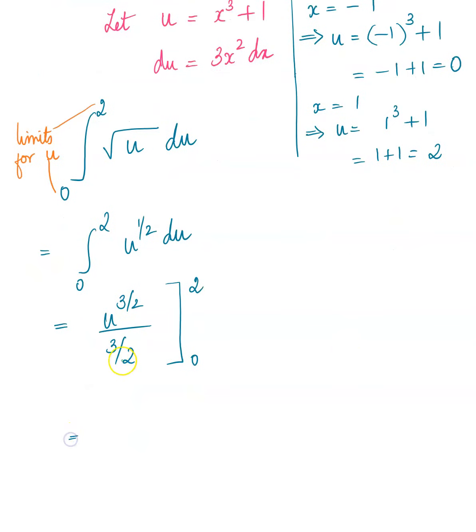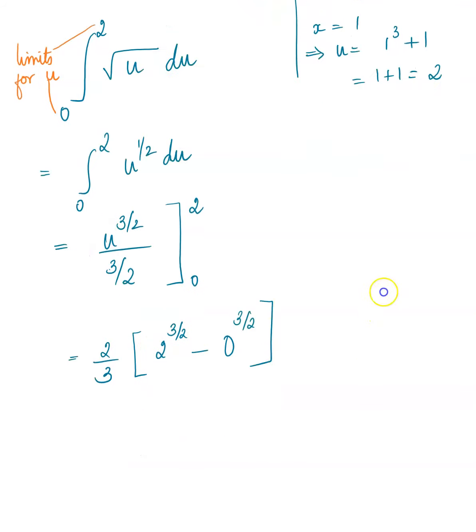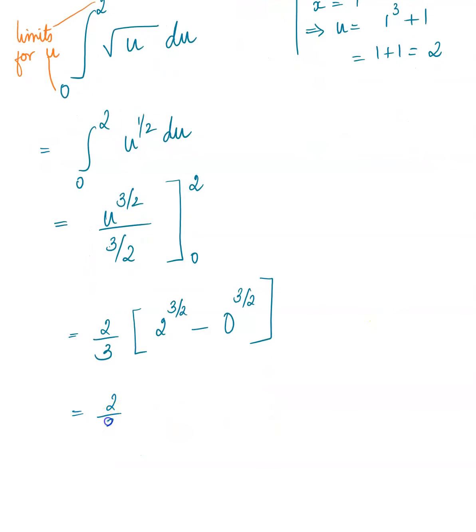This is going to be 2 over 3, that's a constant, so keep it outside, and do the top substitution, 2 to the power 3 over 2, minus the bottom limit, which is 0. Square root of 2 cubed, basically, is root 2, root 2, root 2.